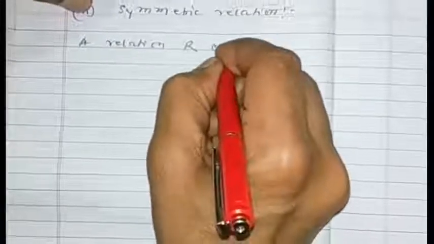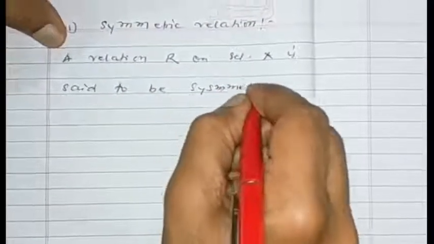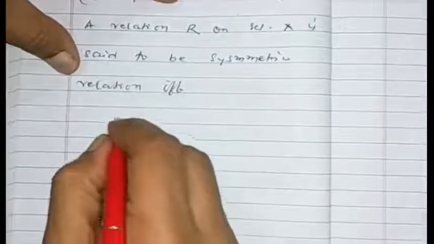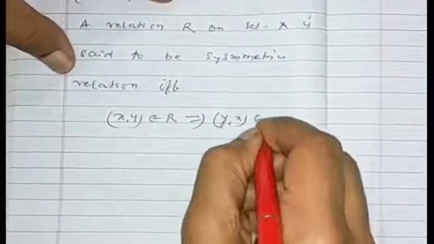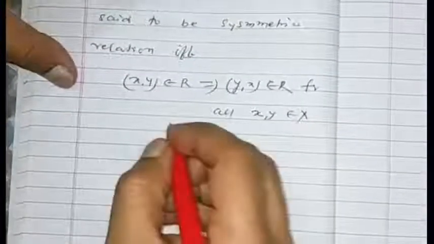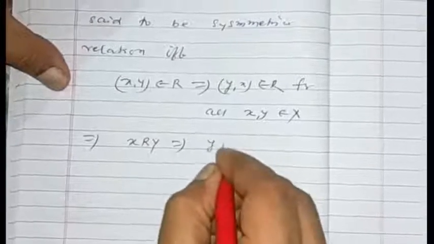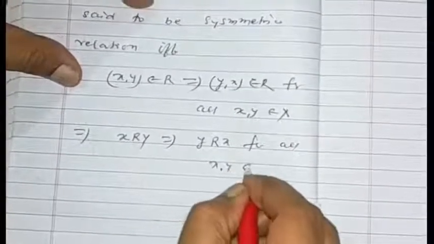A relation R on set X is said to be a symmetric relation if and only if (x, y) belongs to R implies (y, x) belongs to R, for all x and y belonging to set X. Or we can write it as follows: (x, y) belongs to R, meaning x is related to y, implies y is related to x, for all x, y belonging to set X.